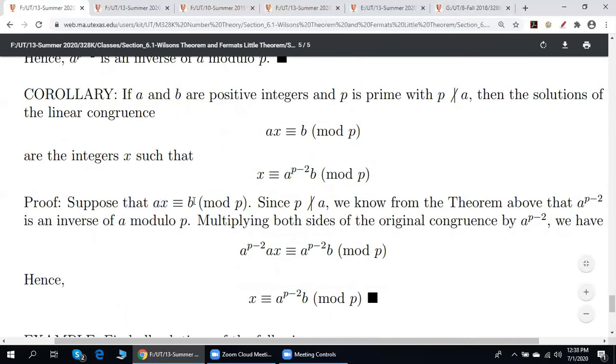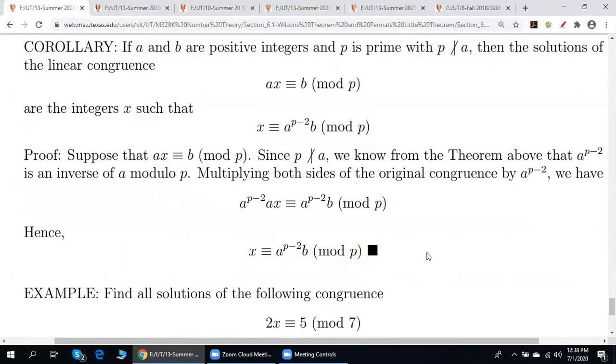Suppose ax is congruent to b modulo p. Since p does not divide a, by the theorem above, this is an inverse of a modulo p. Now, just multiply both sides here by this, we get this.